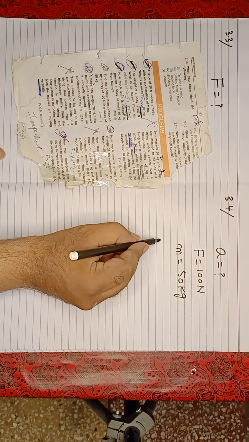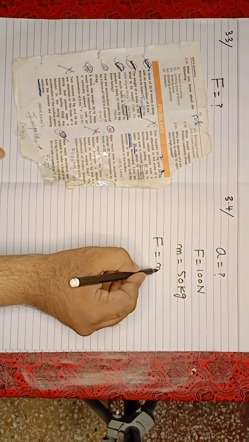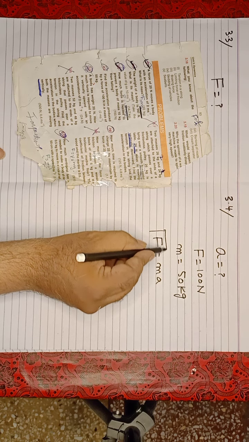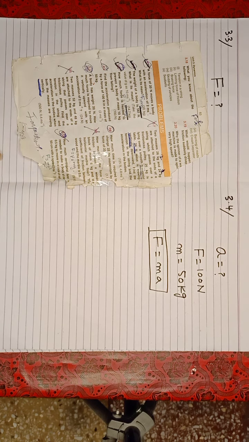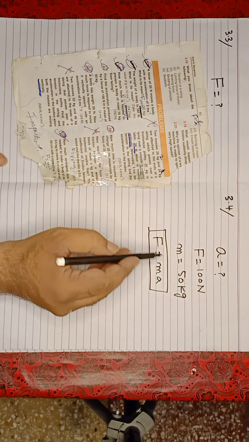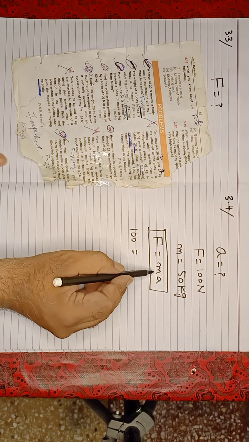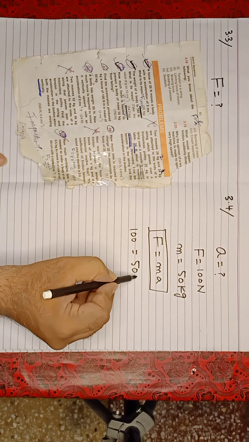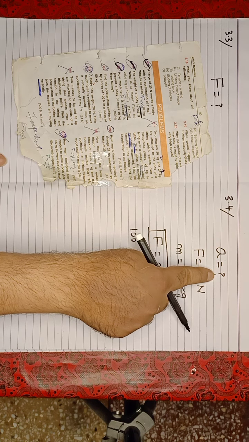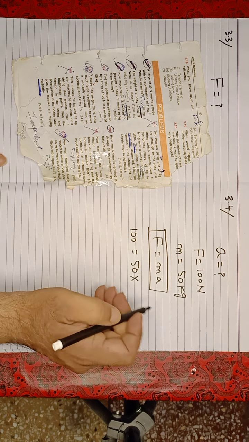Again we use formula and second law of Newton. F is equal to ma. In place of F we can write 100. In place of M we can write 50, and A is equal to question mark, so we have to find the value of A.